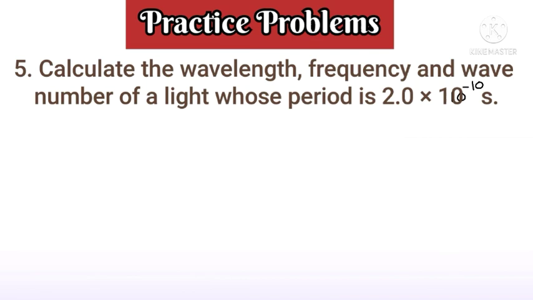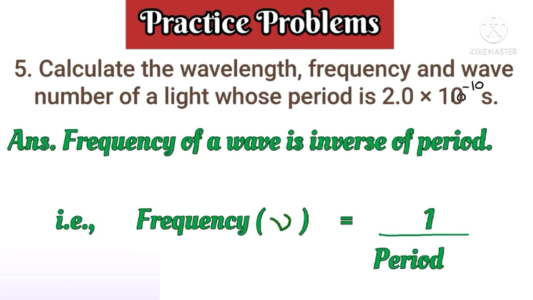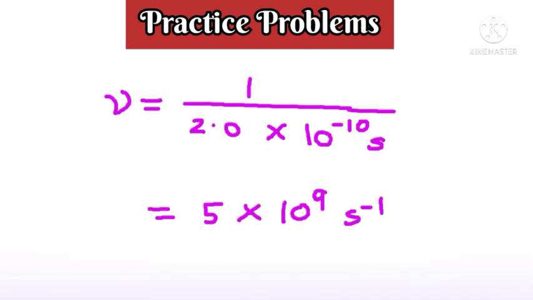Okay, then coming to the last question: calculate the wavelength, frequency and wave number of a light whose period is 2.0 × 10^-10 seconds. So to solve this question, let me tell you guys that frequency of a wave is the inverse of the period. Okay, that means nu is equal to 1 by period, which is 1 by 2.0 × 10^-10 second, and it comes out to be 5 × 10^9 per second.